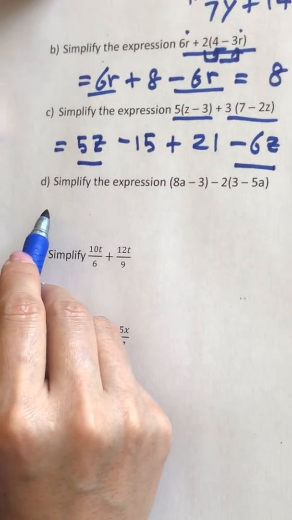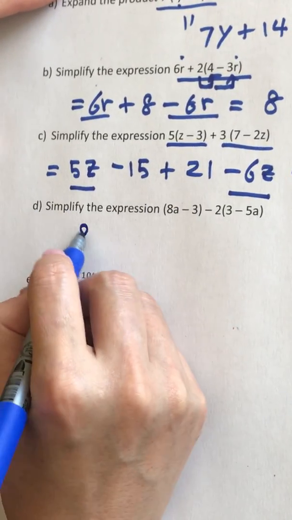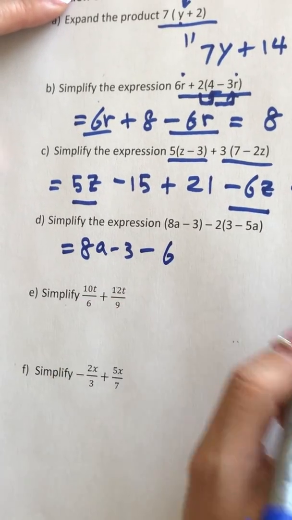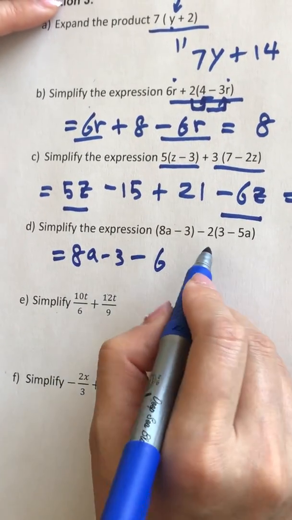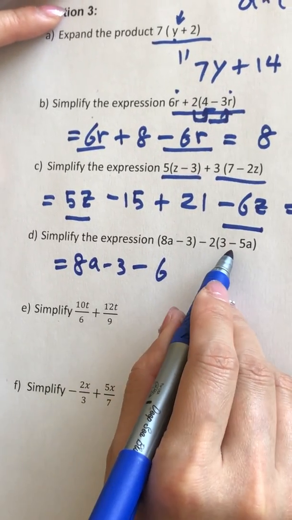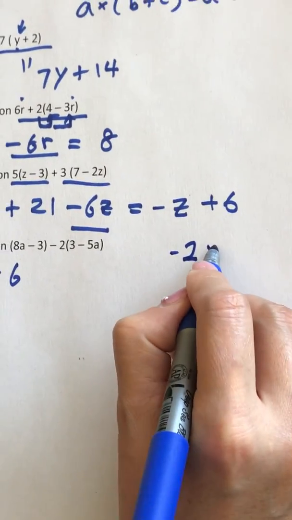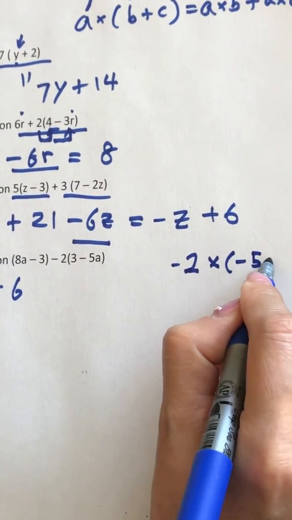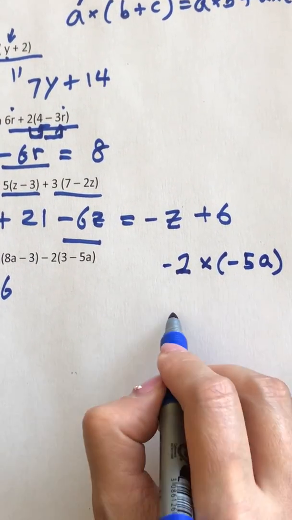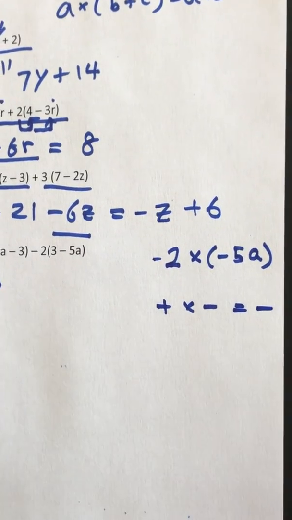Part D, simplify the expression here. We basically repeat what we did. 8a minus 3 minus 6. Okay, here, students need to pay more attention. So minus 2 multiply minus 5a. In this case, if we have a plus multiply minus, that would give you a minus sign.